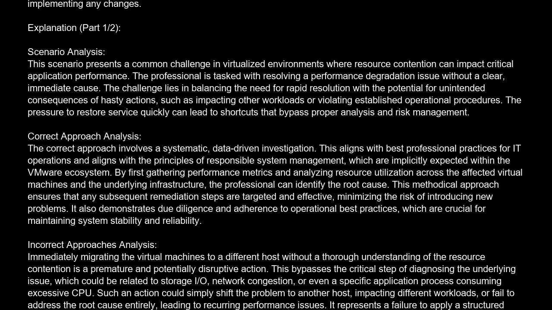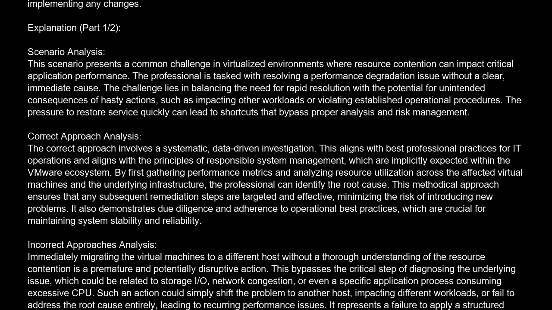This methodical approach ensures that any subsequent remediation steps are targeted and effective, minimizing the risk of introducing new problems. It also demonstrates due diligence and adherence to operational best practices, which are crucial for maintaining system stability and reliability.